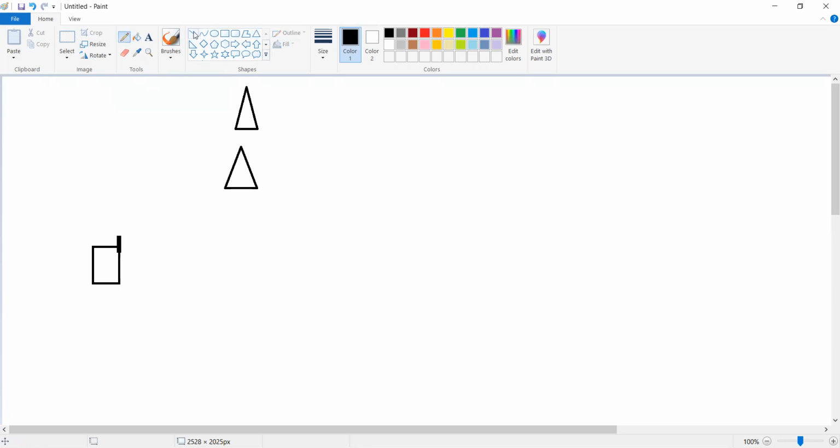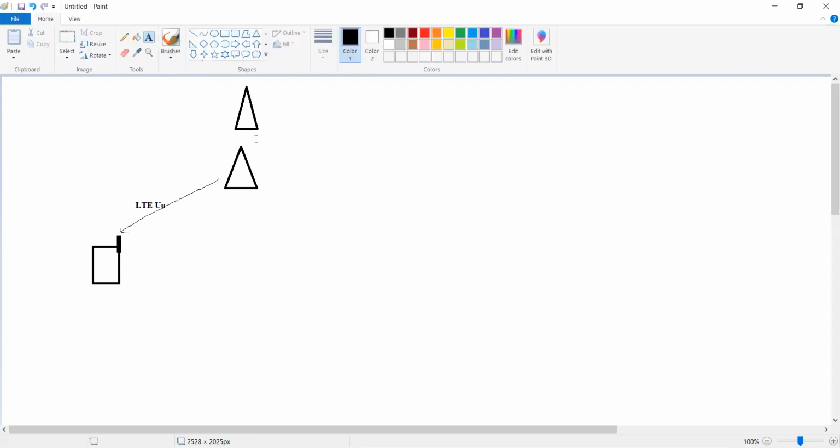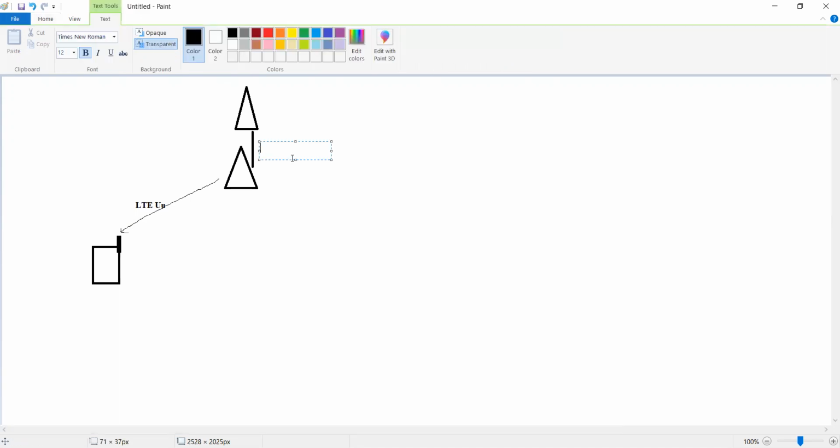So, this UE is connected with this base station via the LTE-Uu interface or air interface. But these two base stations are also connected internally with a LAN cable via the X2 interface. This is the X2 interface, we say X2 link.